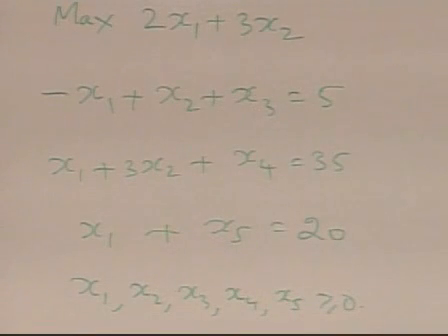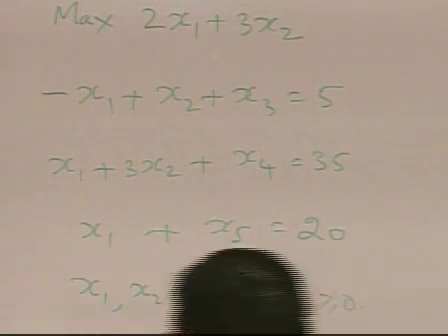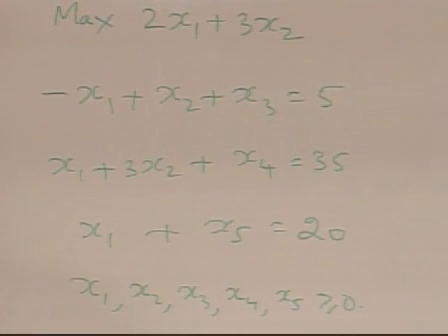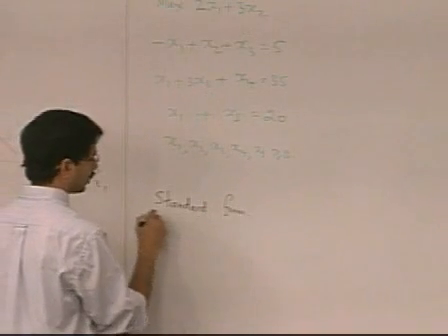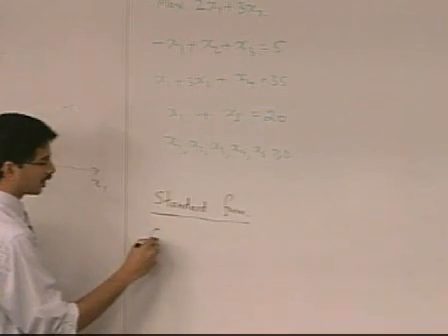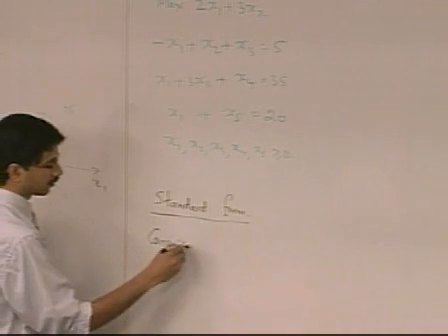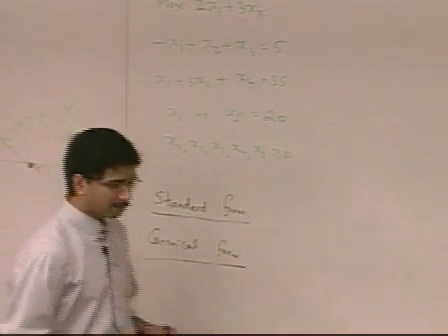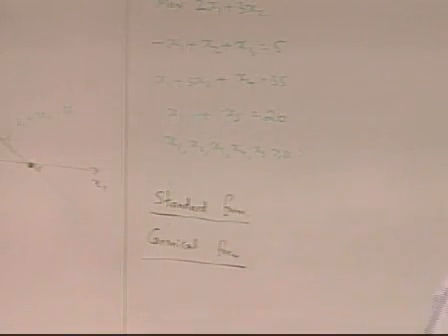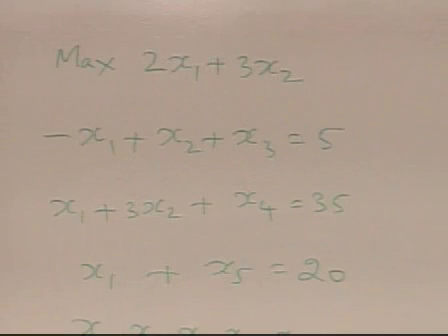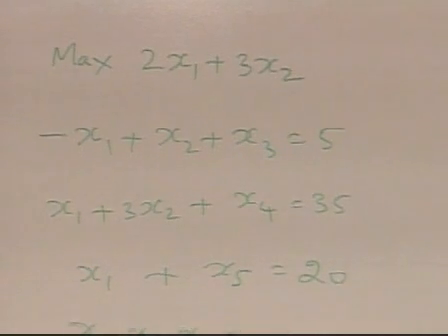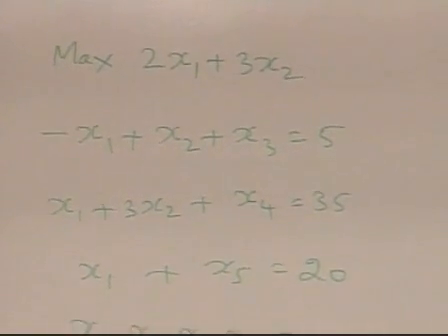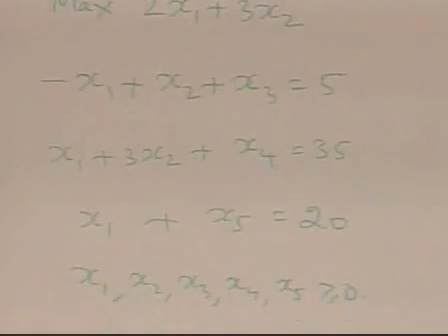Now, this is called the standard form representation of a linear program. Some books would call it canonical form. And if you're using different textbooks, or sometimes within the same textbook, people often mean different things by these different words, or maybe they mean different things even by the same word.